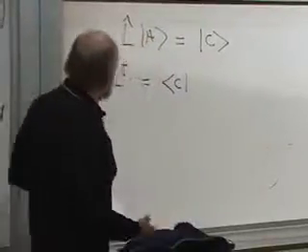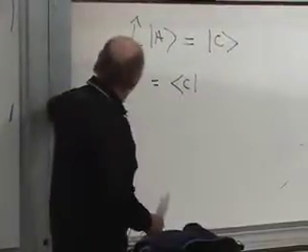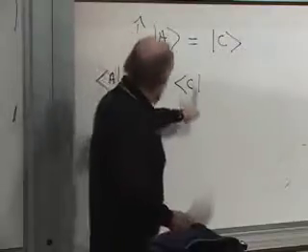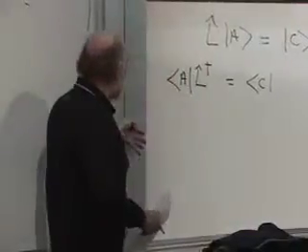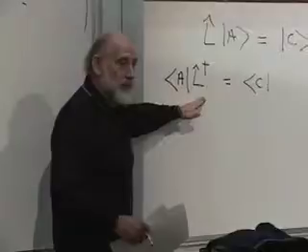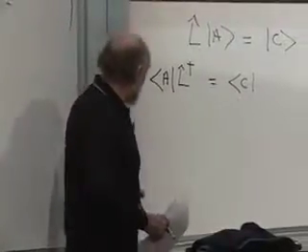It's not just simple conjugation, it's a little more than that. But since the bra vector A is the complex conjugate of the ket vector A, and the bra vector C is the complex conjugate of the ket vector C, you wouldn't be too far off if you were to say somehow this Hermitian conjugation is representing some form of complex conjugation. And in fact, it is.